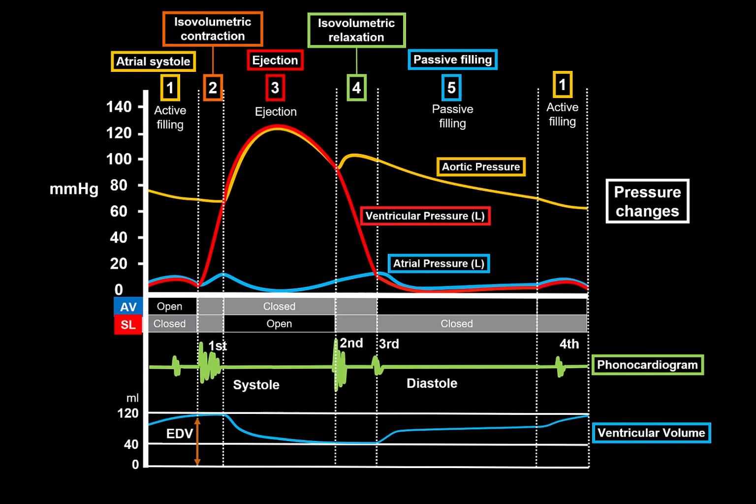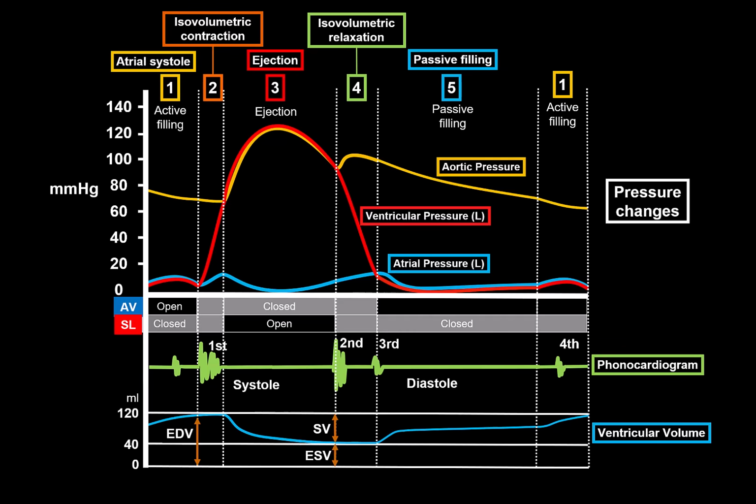But now, let's go back to our graph. We got our end diastolic volume, right? When the pressure of the ventricles rises above the pressure of the aorta, the semilunar valves open and blood is being pushed out from the heart. That blood that is pushed out during one cycle is called stroke volume.